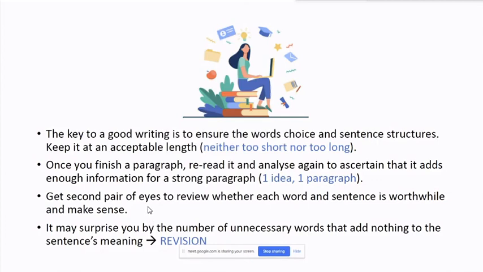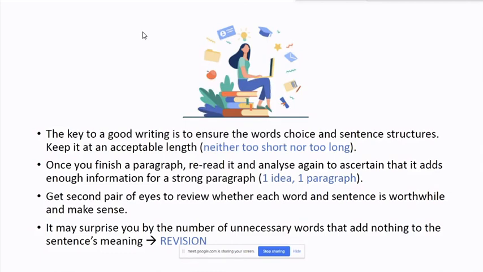Therefore, get a second pair of eyes to review whether the words and sentences make sense or not. Prepare it, send it to your friend and get them to check. Make them second author or third author. Help them out. Help them help you, isn't it? You may be surprised by the number of unnecessary words that add nothing to the sentence's meaning. The revision is very important.